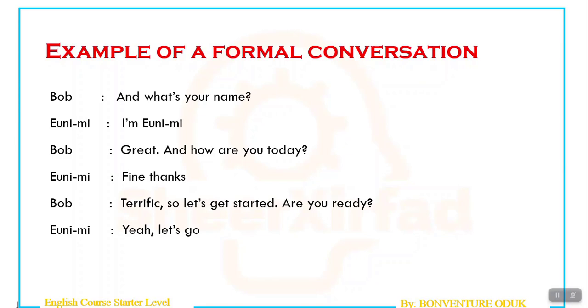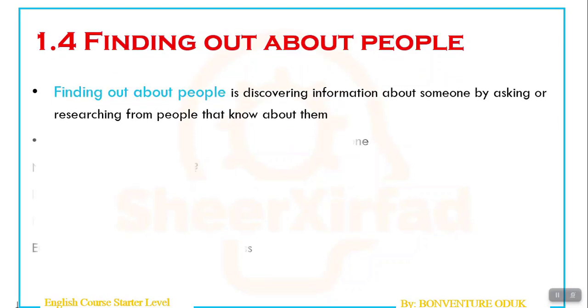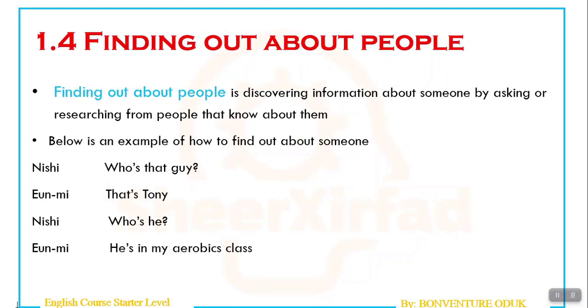Formal way of talking. Let's move ahead to another subunit, which is finding out about people. Finding out about people is discovering information about someone by asking or researching from people that know about them.